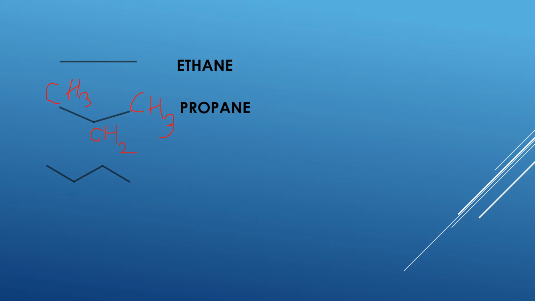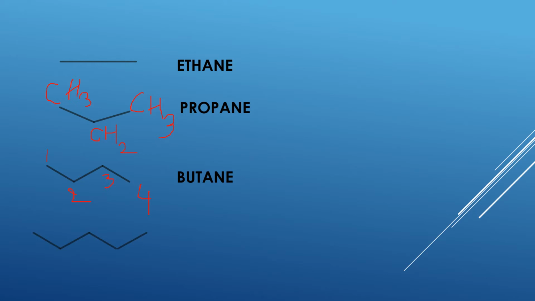Then what about this? How many carbons are there here? Let us count: 1, here 2, here 3, here 4. So 4 carbons, there is no double bond, no triple bond. 4 carbons means it will be an alkane with the formula C4H10, which is nothing but butane. Then what about this compound?